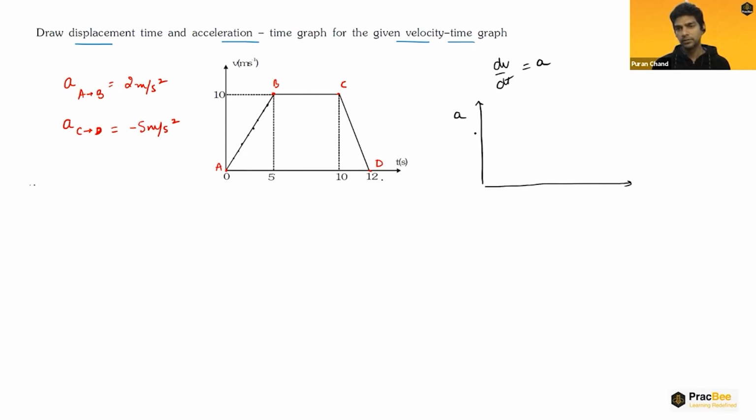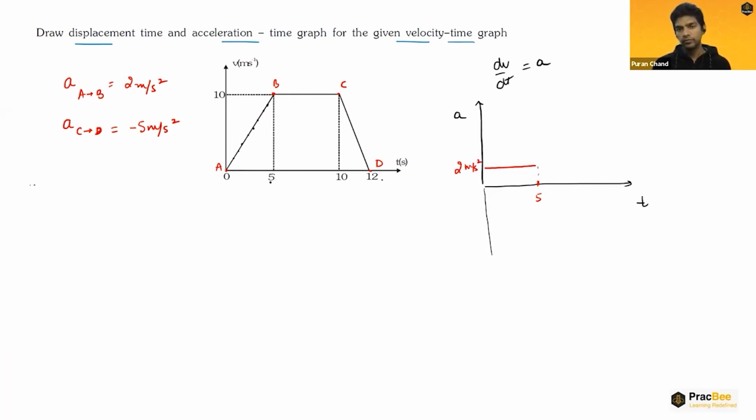So we have acceleration. This is time. So from 0 to 5, so this is your 5. Acceleration is constant up to 5, right? So it will be this, right? Let me show it at this point, right? So this is your 2 meters per second square. Clear?